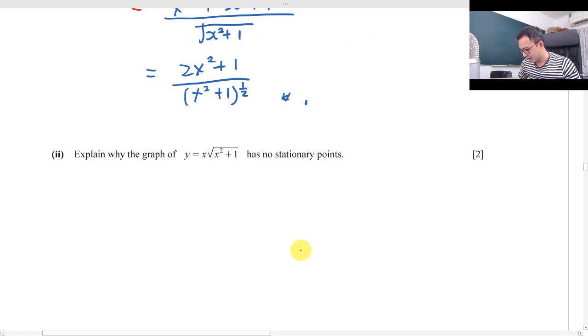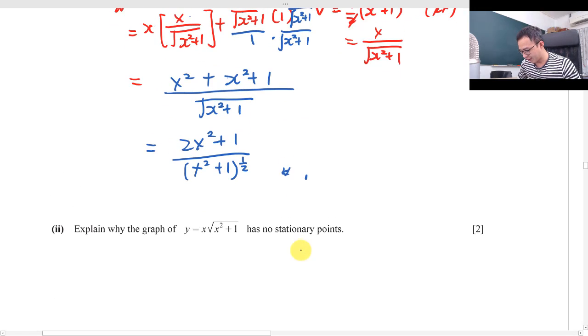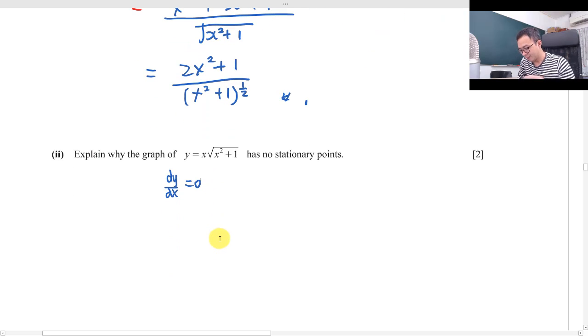Alright, so explain why this graph has no stationary point. So since this is dy/dx, when dy/dx equals 0, therefore we know (2x squared plus 1) over (x squared plus 1) to the power half equals 0. But with the power half, we can move the whole bottom to the other side. It still equals 0.